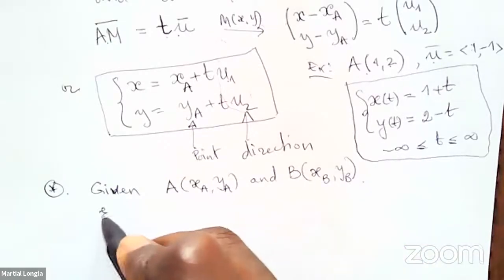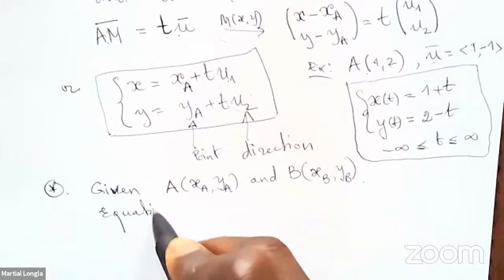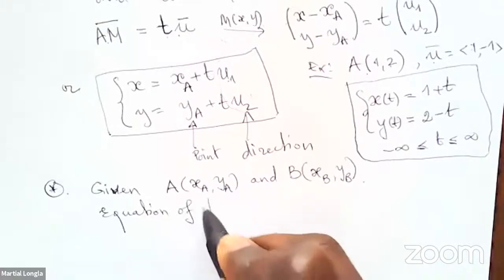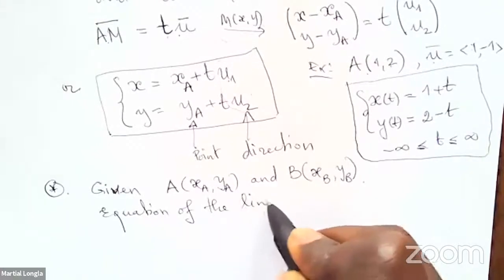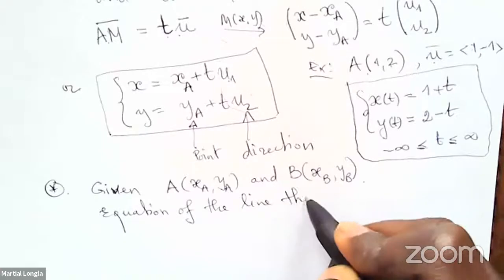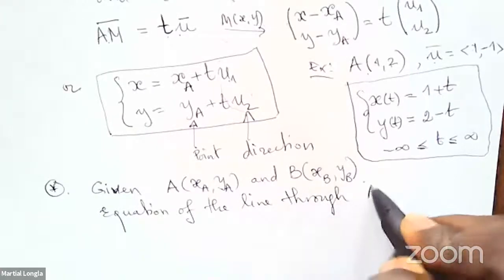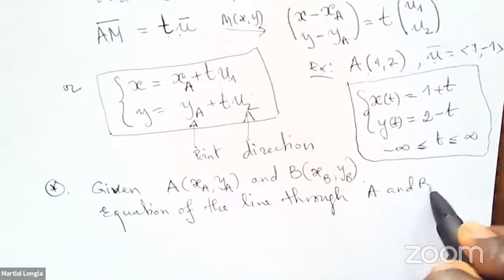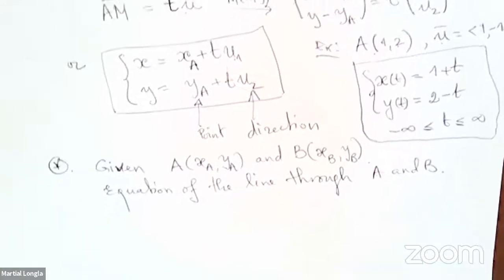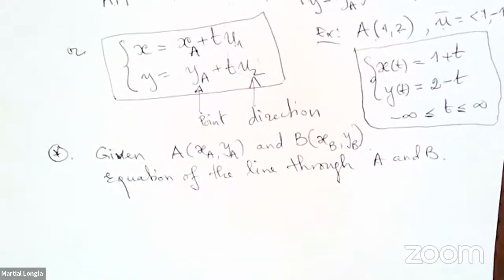That's the equation of the line through A and B. The line that goes through A and B, how do I find the equation?